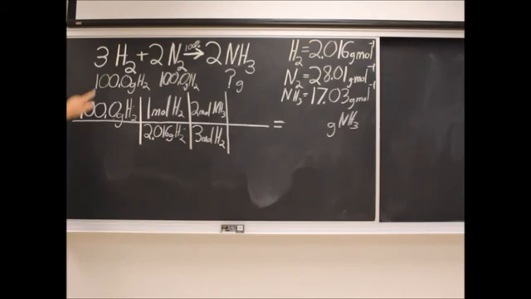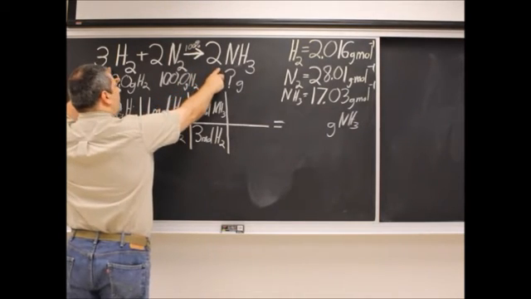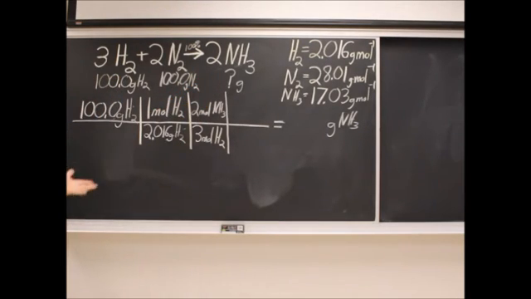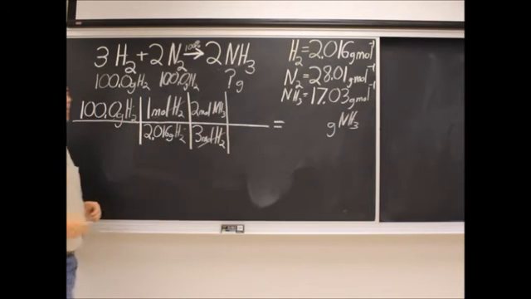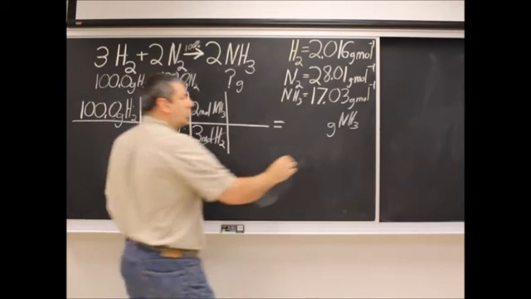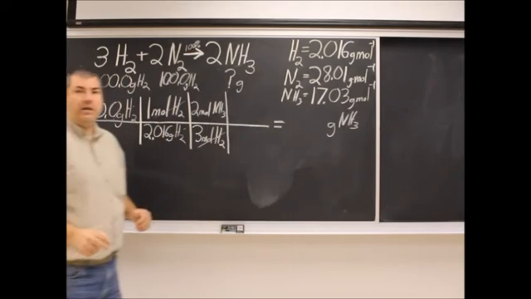I say equivalent because in this relationship, it's a 3-to-2 ratio. They're not identical, but we can equate them in this relationship. So now, moles of hydrogen cancel. Now we have moles of ammonia. We want grams of ammonia, not moles.